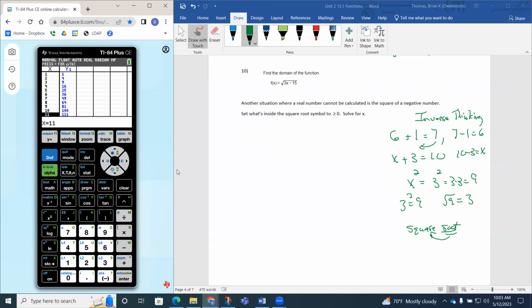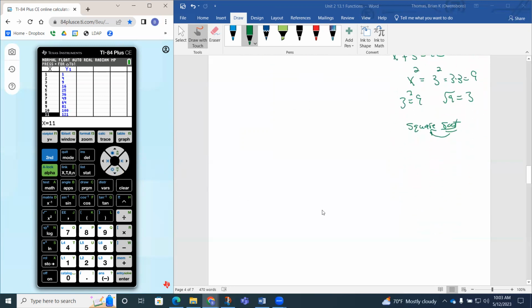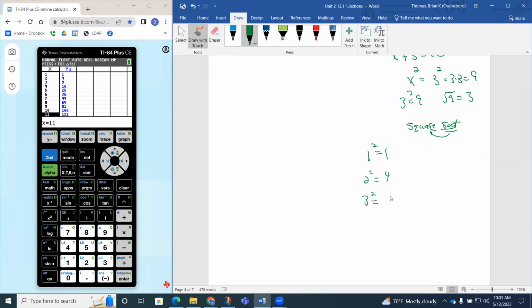So, for us, we could say 1 squared is 1, 2 squared would be 4, 3 squared would be 9, 4 squared is 16, 5 squared is 25, 6 squared is 36, 7 squared is 49, 8 squared is 64, and then 9 squared is 81, and 10 squared is 100. Those are the most common ones we should know. So we really want those in memory.